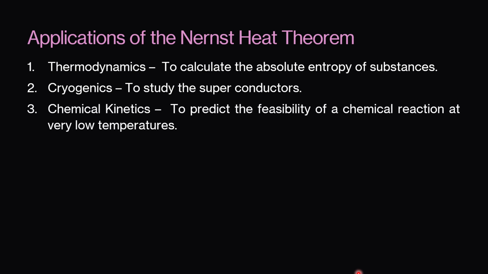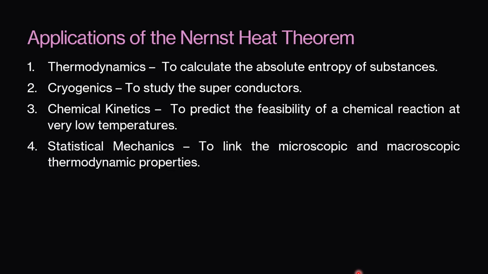In chemical kinetics, this theorem is used to predict the feasibility of a chemical reaction at very low temperatures. In statistical mechanics, it is used to link the microscopic and macroscopic thermodynamic properties. Here, the residual entropy will come in statistical mechanics, which you will also learn in the next lectures. So that time it will be discussed.